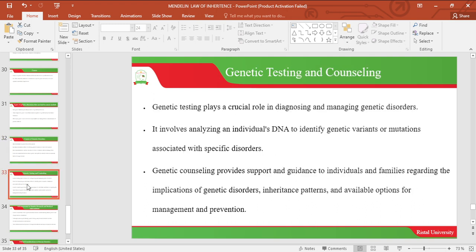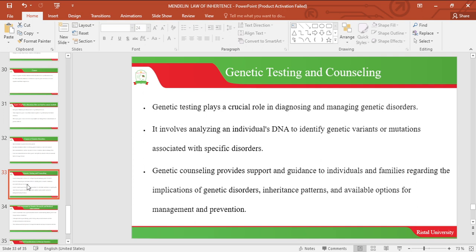Let's look at genetic testing and counseling. Genetic testing plays a crucial role in diagnosing and managing genetic disorders. Genetic testing involves analyzing the individual's DNA to identify genetic variants or mutations associated with specific disorders.